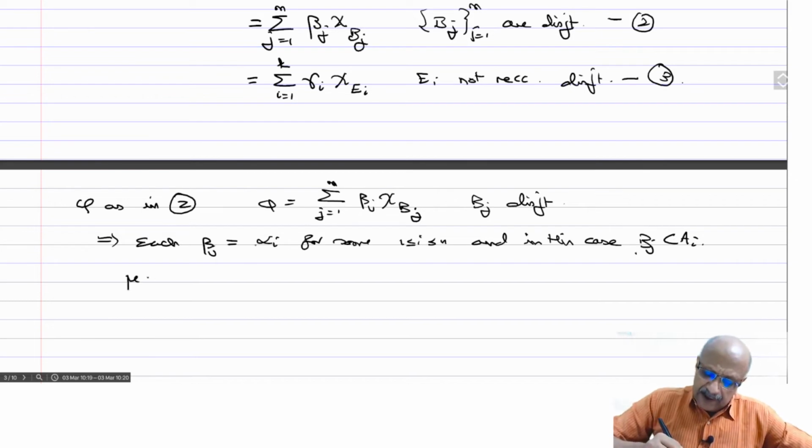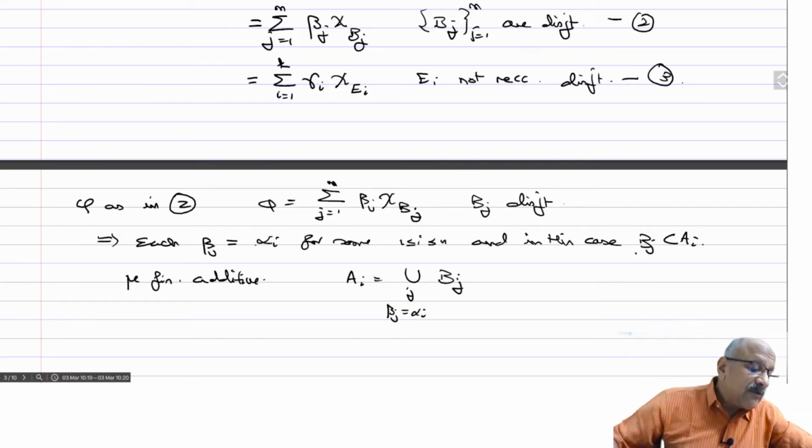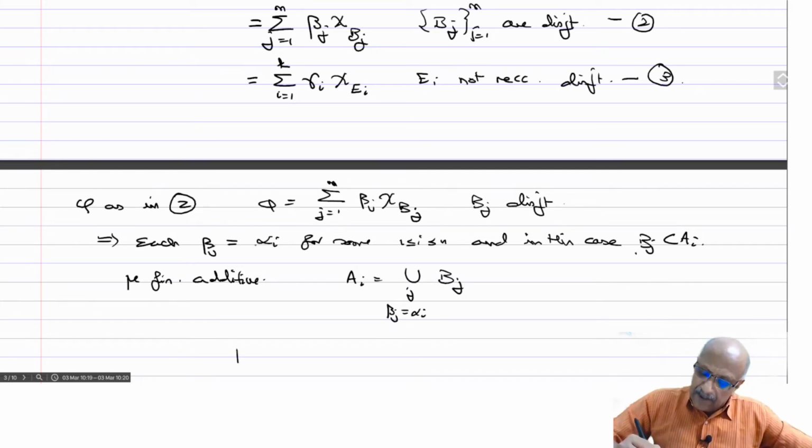So mu is finitely additive, and you have Ai is equal to the union over all j such that beta j equals alpha i of Bj, because you can regroup according to the values, and therefore mu of Ai is equal to sigma over all j such that beta j equals alpha i of mu of Bj.